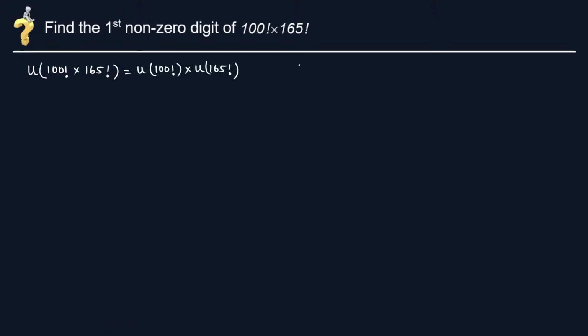So 100 divided by 5 gives us remainder 0, and when 165 is divided by 5 we get the quotient 33 and remainder 0.